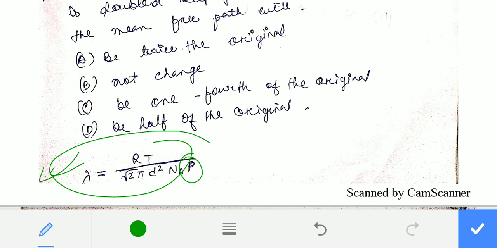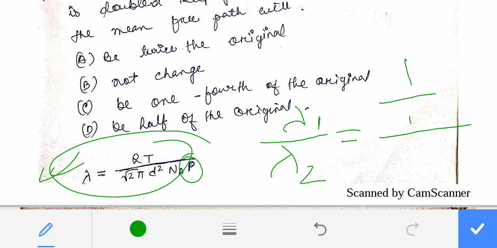So to solve this type of question, always compare with the original one. Let's take lambda 1 as the original mean free path and lambda 2 as the mean free path when pressure gets doubled. Since it is inversely proportional, lambda 1 will be proportional to 1 by p1, and lambda 2 will be proportional to 1 by 2p1, because pressure is doubled according to the question.